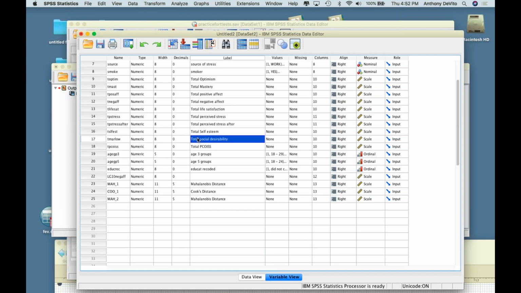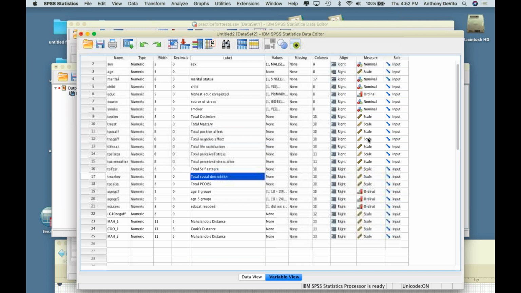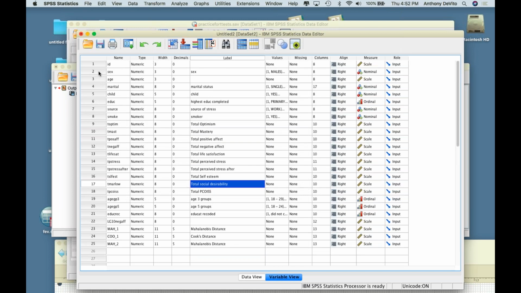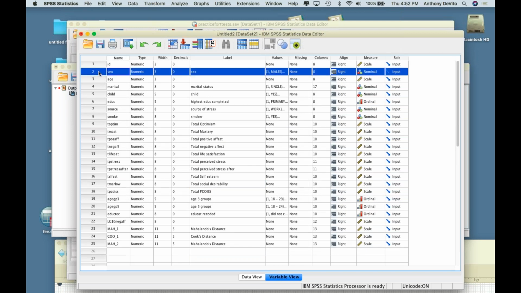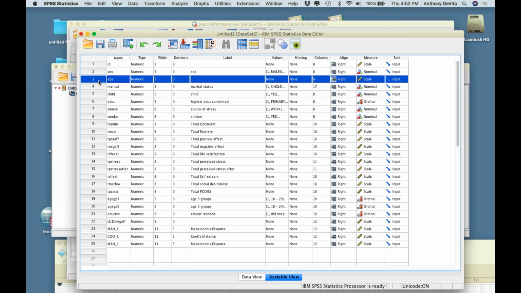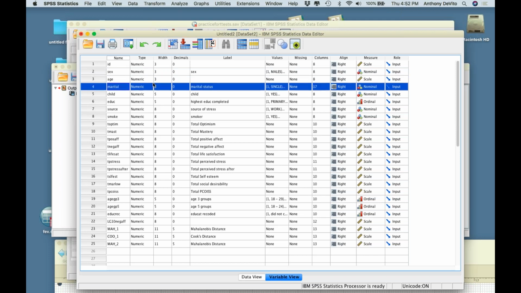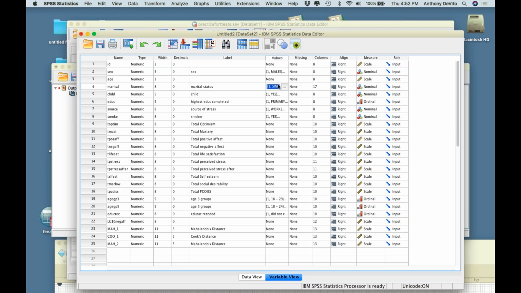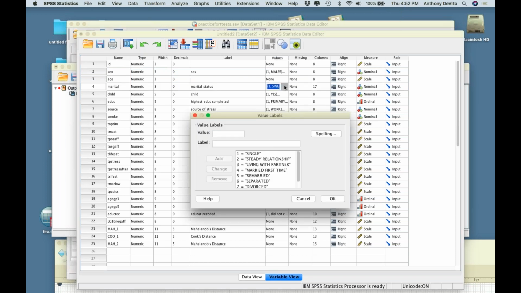Okay, total perceived stress after, total self-esteem. They would rate this on a scale, say 1 to 100 or something like that. So that is a scalar or a numerical variable. As I'm looking at this, I'm seeing gender is a nominal variable, male or female. Age is a numerical variable. Marital status is a categorical variable, but marital status has more than 2 values: single, steady relationship, remarried, and so on.